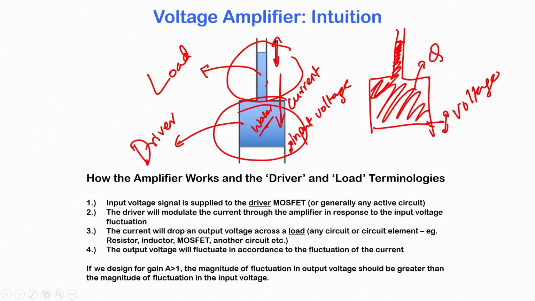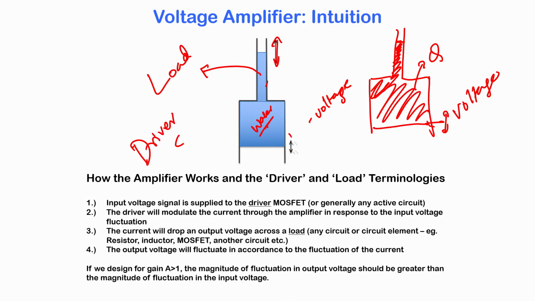When we say driver, it is the device that is going to receive the input signal and modulate the current or the flux through the circuit, and the load is the one that is going to receive this change in flux and drop a voltage across it, which is the amplified version of the input voltage received by the driver. So, this is the voltage amplifier. This is a very good intuition for what the voltage amplifier is going to do, and you are going to see this happen in all the different circuits.